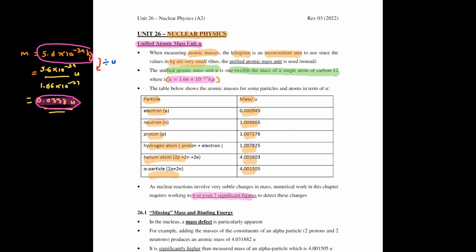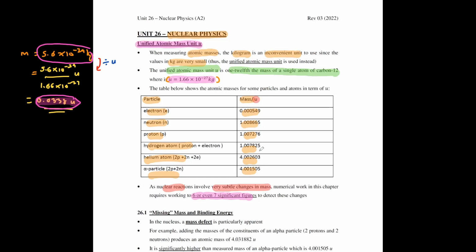You see, for the masses of the atomic particles that are listed here, notice that they are not your usual 2 or 3 SF. They are actually listed to at least 6 SF and above. So there's a reason for that. Because your nuclear reactions usually involve very subtle changes in masses, very, very small changes in mass, the difference is really, really small. So because the difference is really, really small, you need to work to a higher number of SF in order to be able to detect them. That's why here you'll notice that your masses are all in a large number of SF.